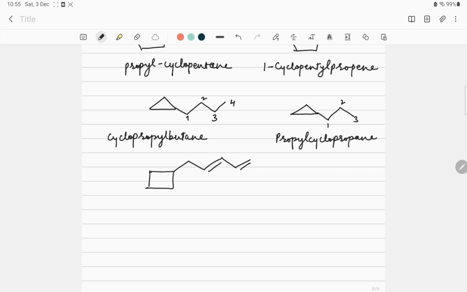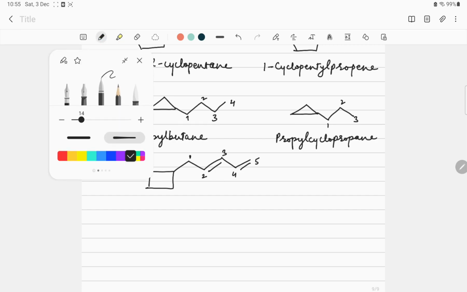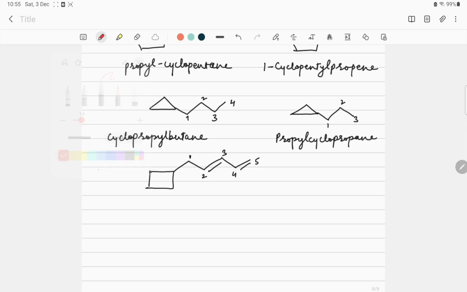Now, say for example, if the compound is this. Here is a double bond, here is another double bond. Now, where should we number it from? We should number it from here 1, 2, 3, 4, 5 like this, or we should number it like this. The other way of numbering is like this. Say it is 1, 2, 3, 4, 5. Which is correct? Which way should we number it?